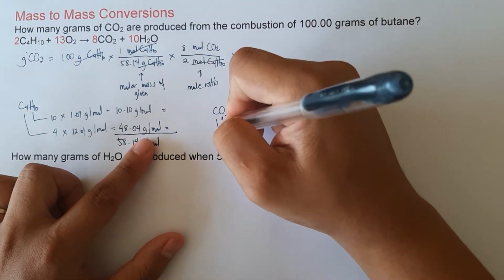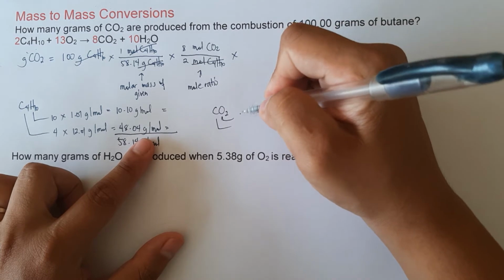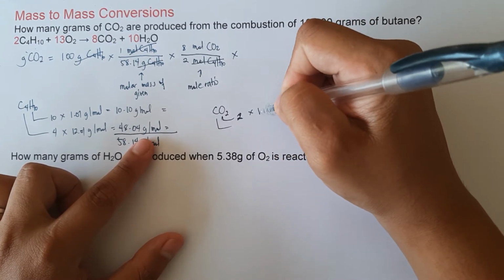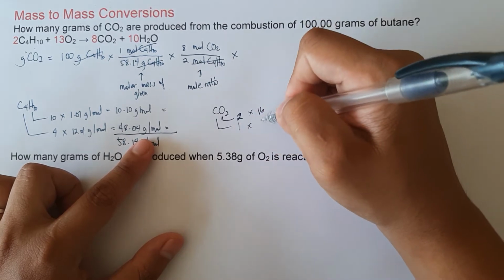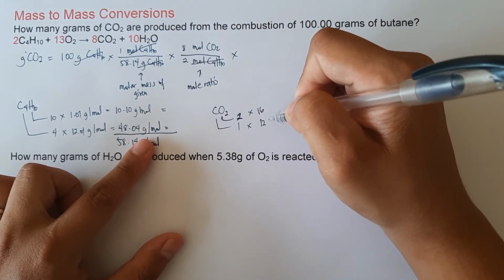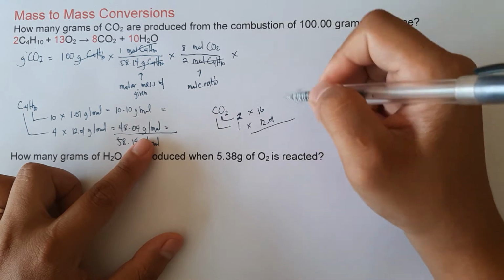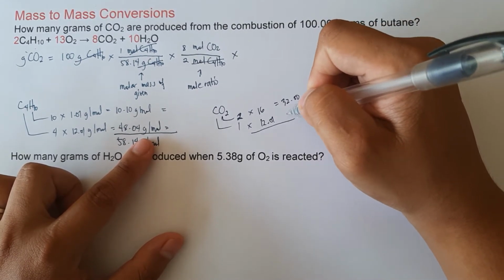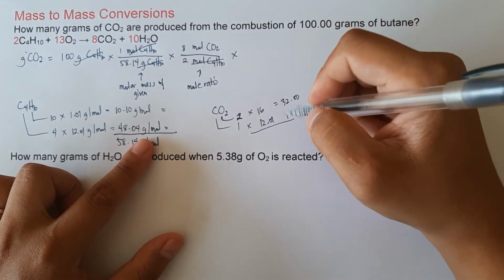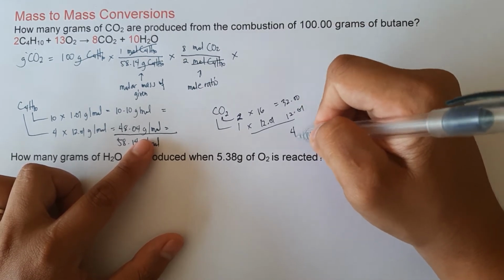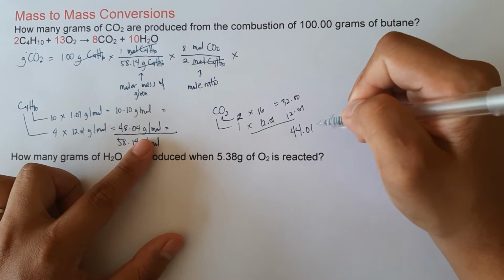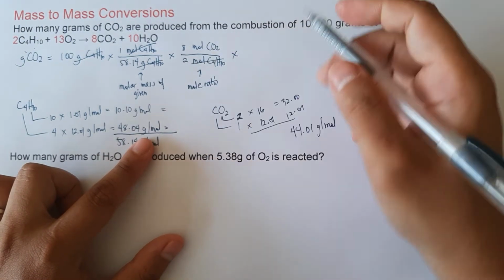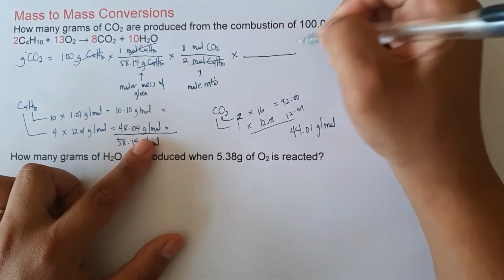So, kailangan natin si molar mass. So, CO2. So, this is 2 times 16. And this is 1 times 12.01. So, this is 32.00 and 12.01. So, the answer is 44.01 gram per mole. So, kailangan nating makancel yung mole. So, ibig sabihin sa taas ang grams.